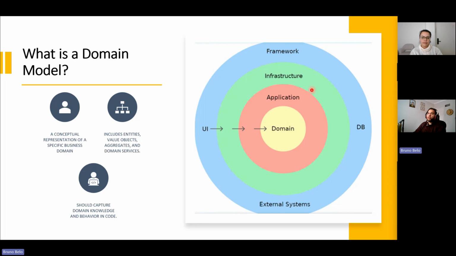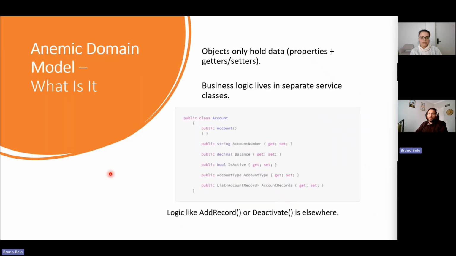And if ever we need to change our infrastructure, the database, or the external systems, we still have our domain intact there. We still have our domain in this very special place, right? So the domain model should capture all the domain knowledge and its behavior in the code, right?